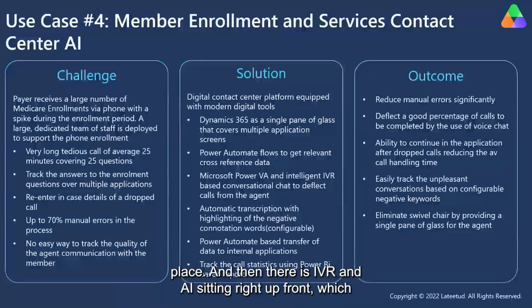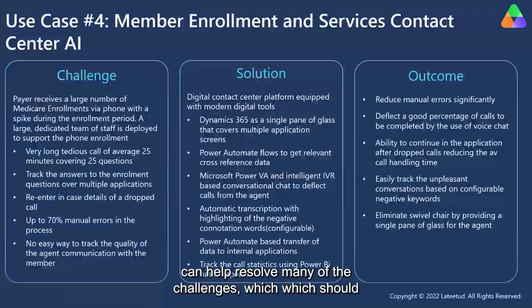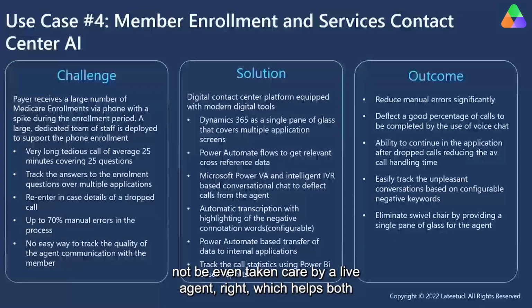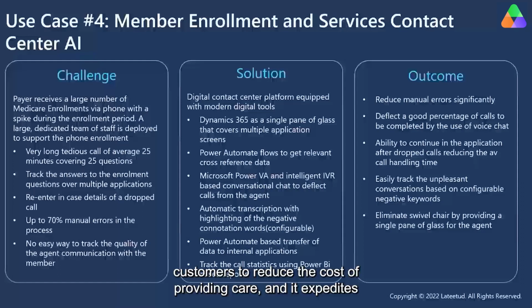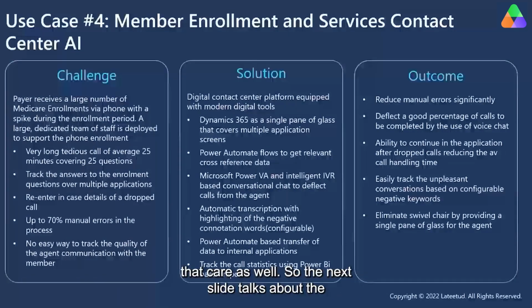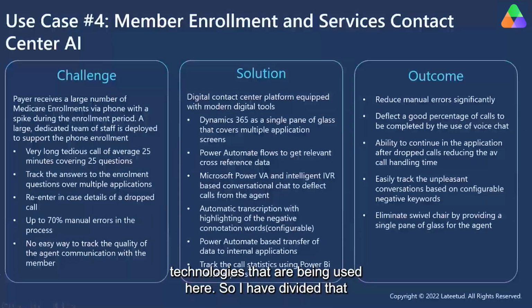And then there is IVR and AI sitting right up front, which can help resolve many of the challenges which should not even be taken care of by a live agent, right? Which helps both the patients, members, as well as the customers to reduce the cost of providing care, and it expedites that care as well. So the next slide talks about the technologies that are being used here.